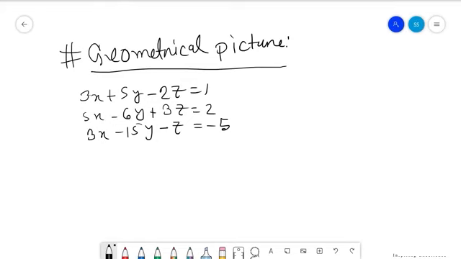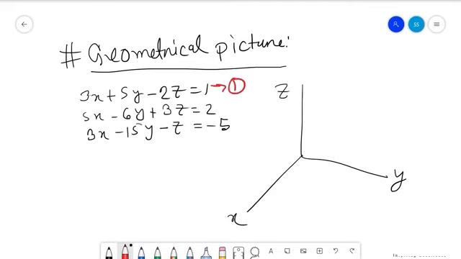So you can see there are three variables and three equations, and we take our coordinates as x, y, and z, and we will denote red color the first equation, blue as our second, and green as the third.